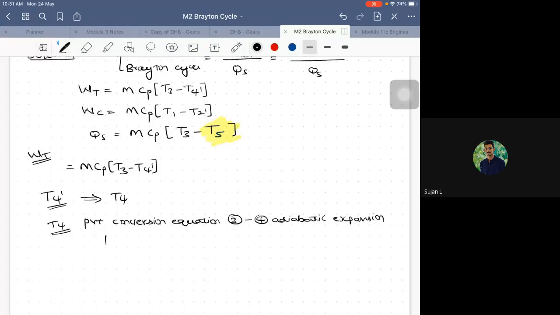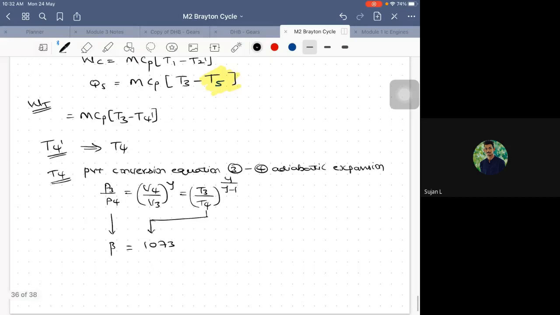It is P3 by P4, that is equal to V4 by V3 whole to the power of gamma, that is equal to T3 by T4 whole to the power of gamma divided by gamma minus 1. Now P3 by P4, you are directly taking it as beta. Now T3 by T4, you are going to substitute here. T3 is 1073 divided by T4. That is the value you are going to get.